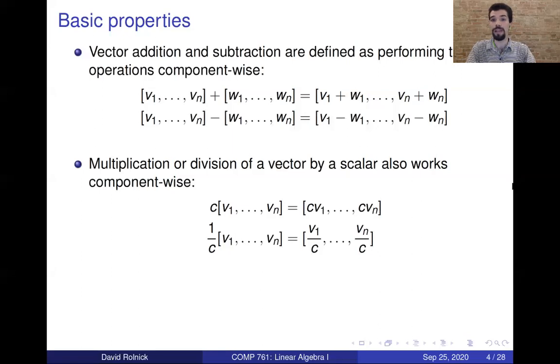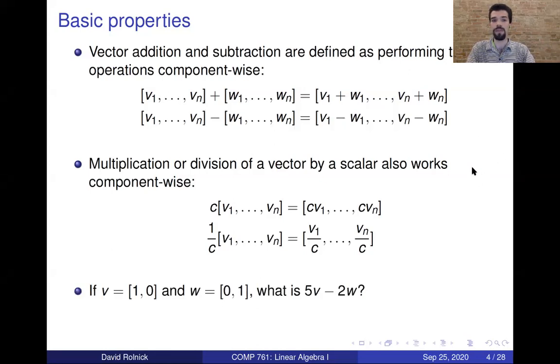If you're doing multiplication or division by a scalar, so by a real number, that also is going to work component-wise. If you multiply by some c, you can just multiply each of the individual entries by c. Likewise, if you're dividing by c, you can just divide each of the individual entries by c. Okay.